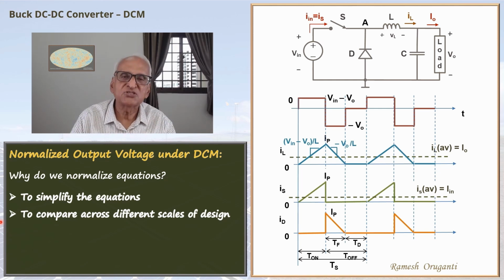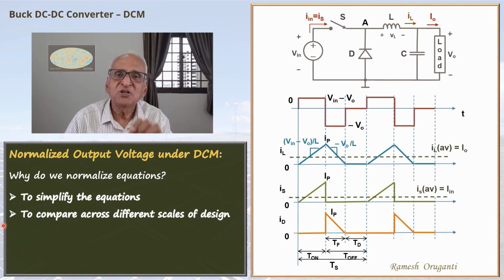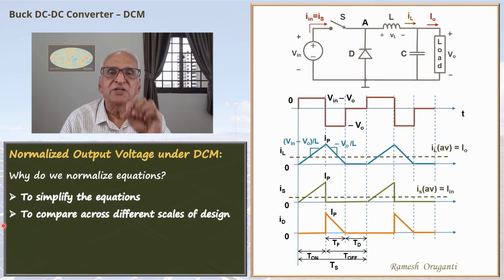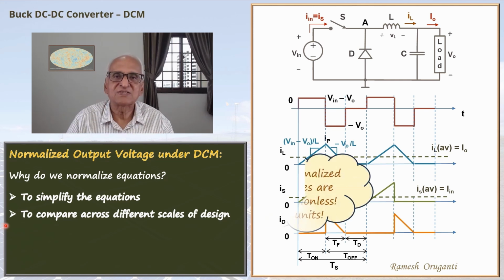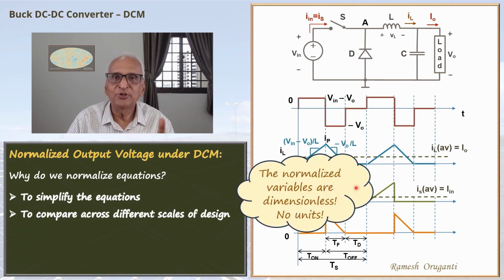Normalization allows us to compare the two designs. There is a video in this series on buck converter boundary operation where the normalization is discussed in a bit more detail. You may want to take a look at it. Note that once we normalize the equations, the variables are dimensionless. There are no units. That is something to keep in mind.